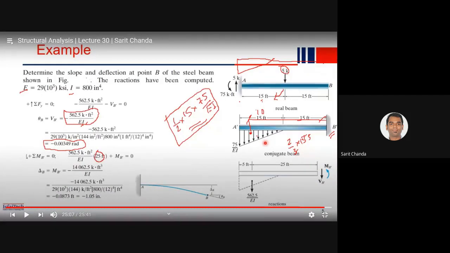Okay, who can answer this question? Sir, by using the diagram M by EI, we need to find the moment of M by EI. Not M by EI, right? Okay, anyway, Sudeep, can you tell me how to find displacement in a real beam using the conjugate beam method?